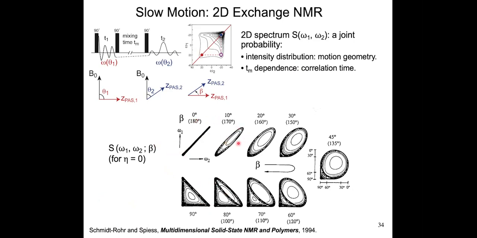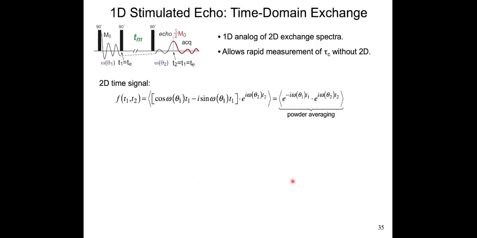These are simulated patterns showing how a 2D exchange pattern will look if you have no exchange, beta equal to 0, reorientation angle is nothing, or you start to grow that reorientation angle, 10 degrees, 20 degrees, etc. When you get to the maximum 90-degree angle, you have quite amazing cross-peak intensities very far away from the diagonal. This is assuming a certain powder line shape in each dimension. So this is well exploited.